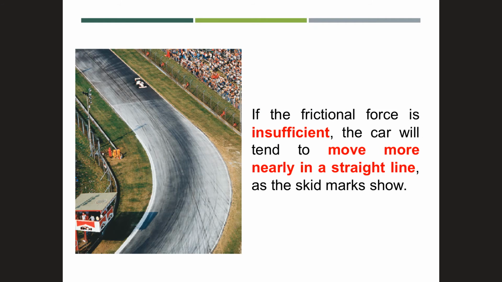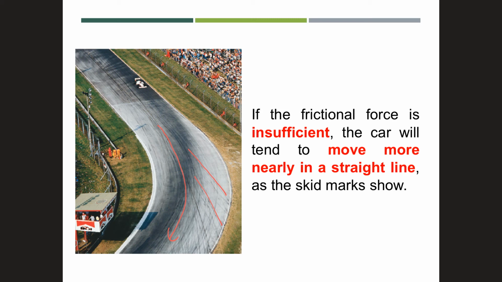You can see from the picture that there's some path that can move in the curve, which means that the static frictional force is enough to make sure it can move in the circle. But there are some paths where the static frictional force is not enough. It means that it's going to skid, so it cannot move in circular motion.